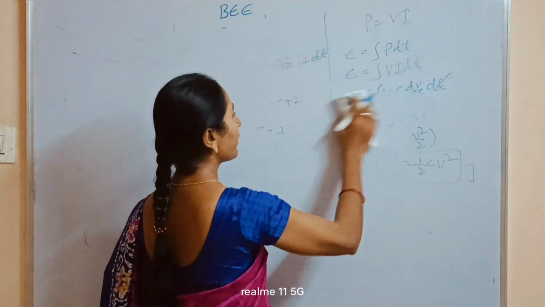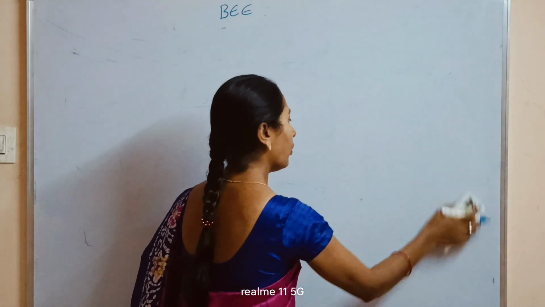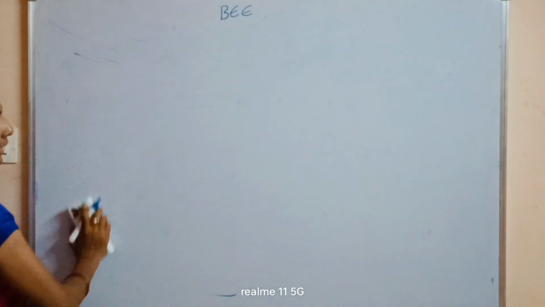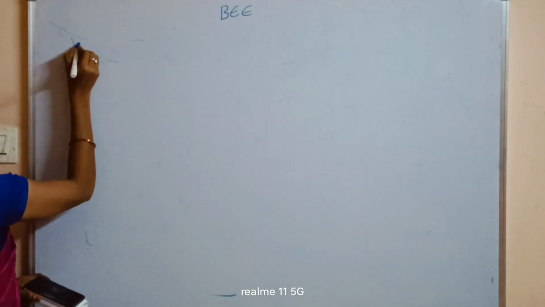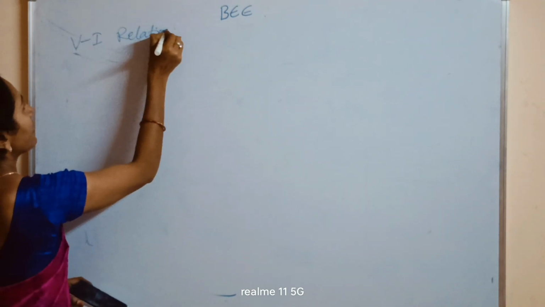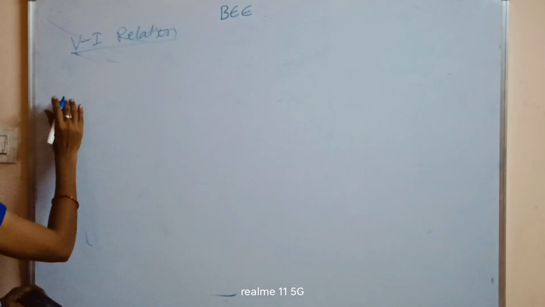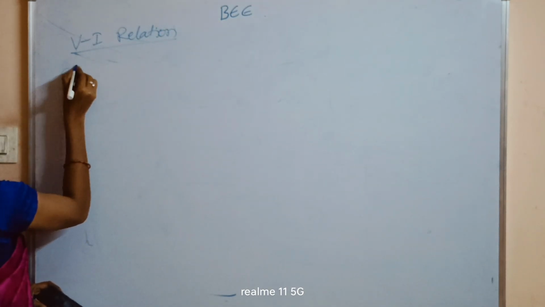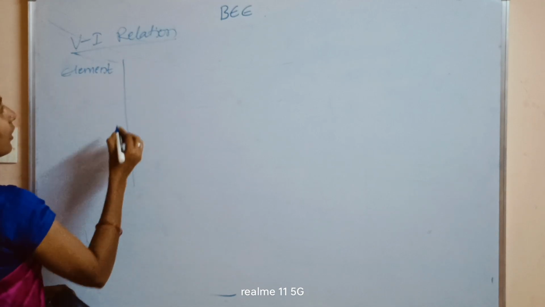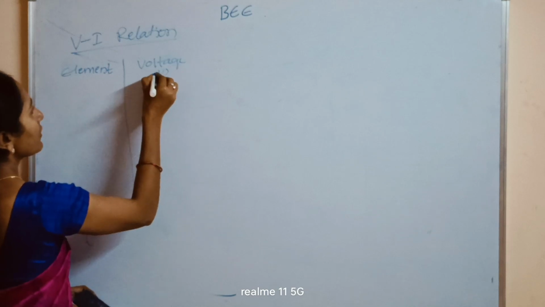Now I am writing the voltage-current relationship of passive elements. So the VI relation in passive elements. Consider the element here. Voltage is measured in volts.